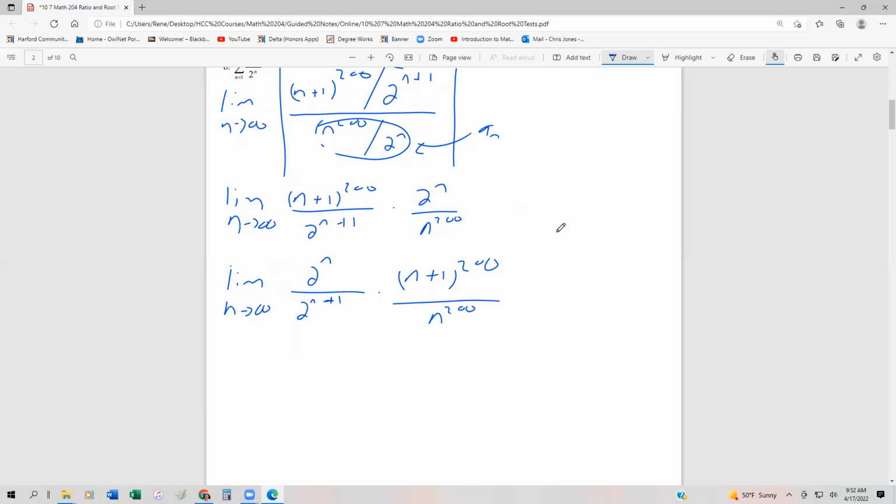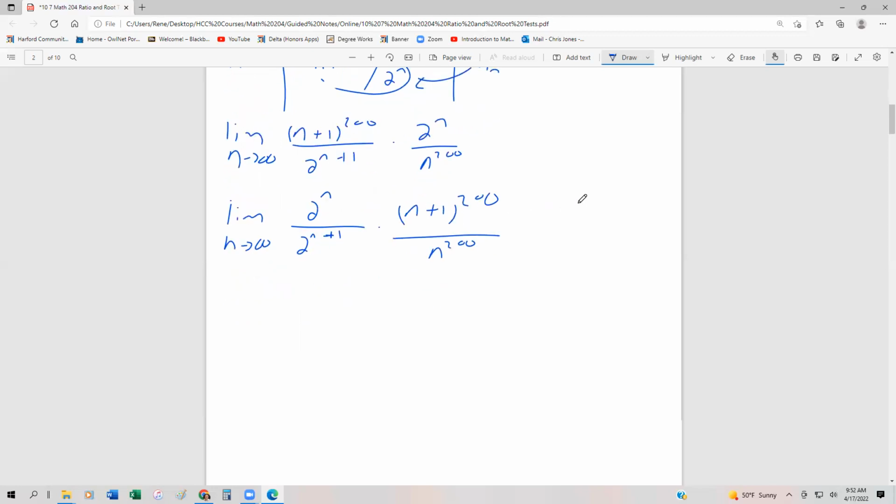So what does that mean? Well, we can simplify both of these. So now we're going to get the limit as n approaches infinity of 2 to the n divided by 2 times 2 to the n. So we just break off this 1, just like we did in the previous problem.